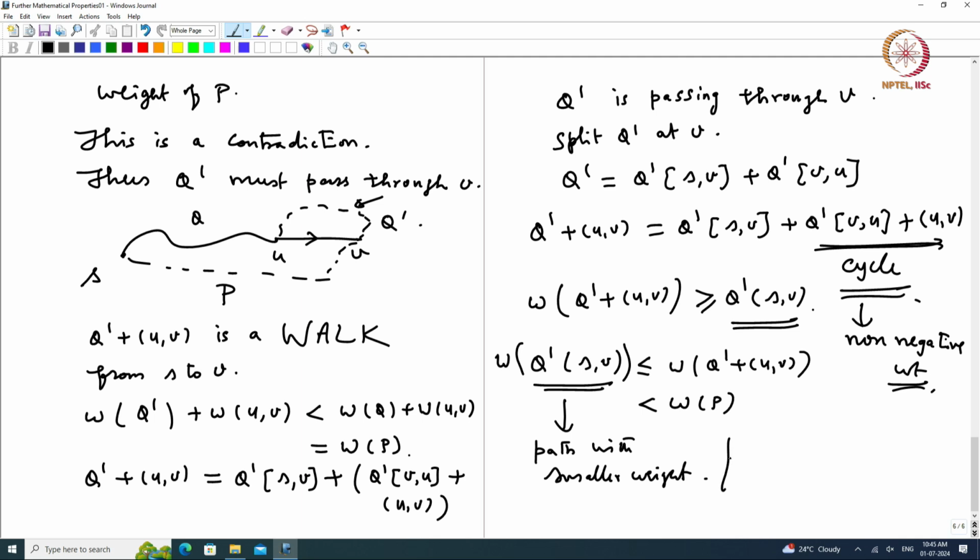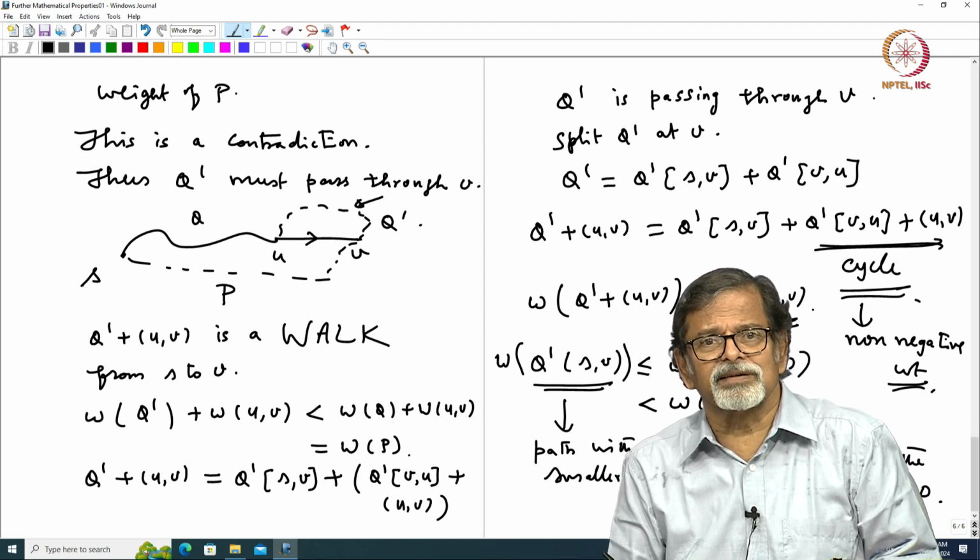This again is a contradiction. You cannot have a path with a smaller weight. Therefore, this contradicts the minimality of P. P is the shortest path, but I have a path q dash from s to v with a smaller weight, impossible, right.